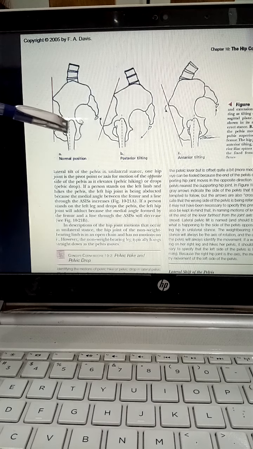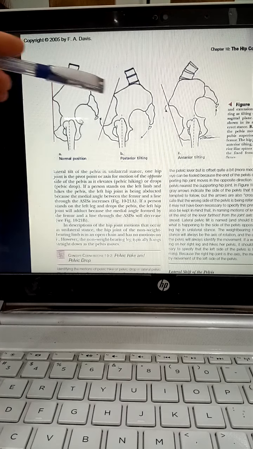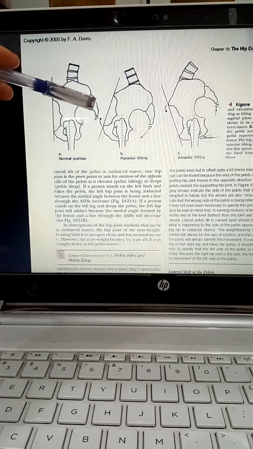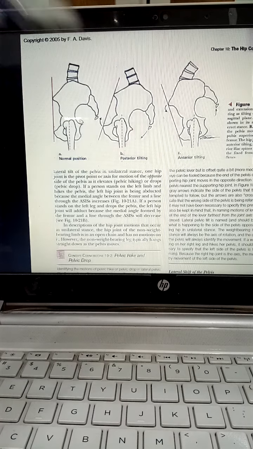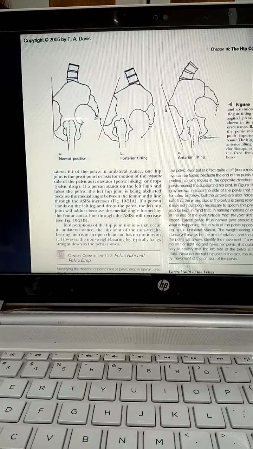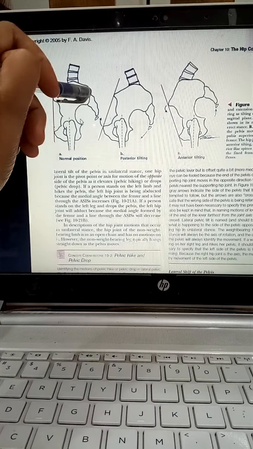Here is the hip joint, this is the lumbar vertebrae, this is our sacrum. As sacrum is here, this is the posterior side and this is the anterior side, and this is our symphysis pubis, this is ASIS, and here PSIS will be present.